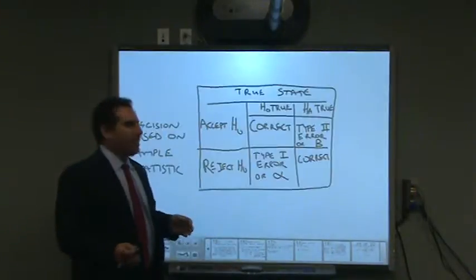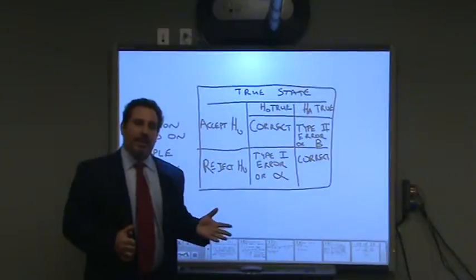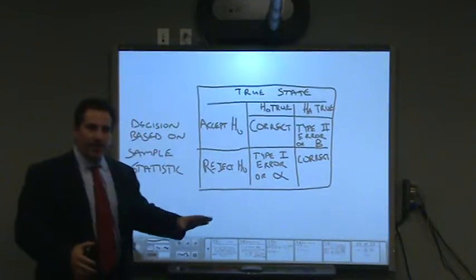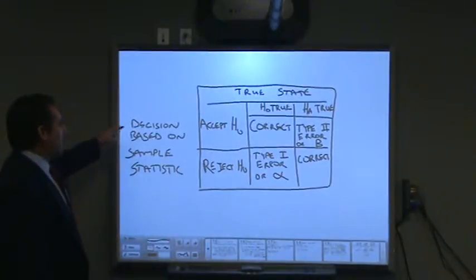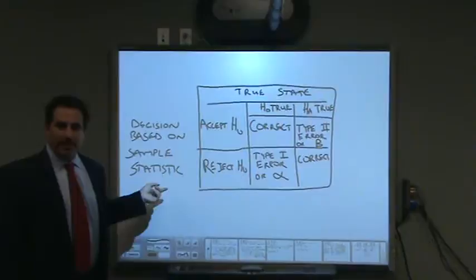Now when you do hypothesis testing, you are always vulnerable to making an error, okay? And I want you to just take a look at this table for a moment. Here we have the decision that you make based on your sample statistic.